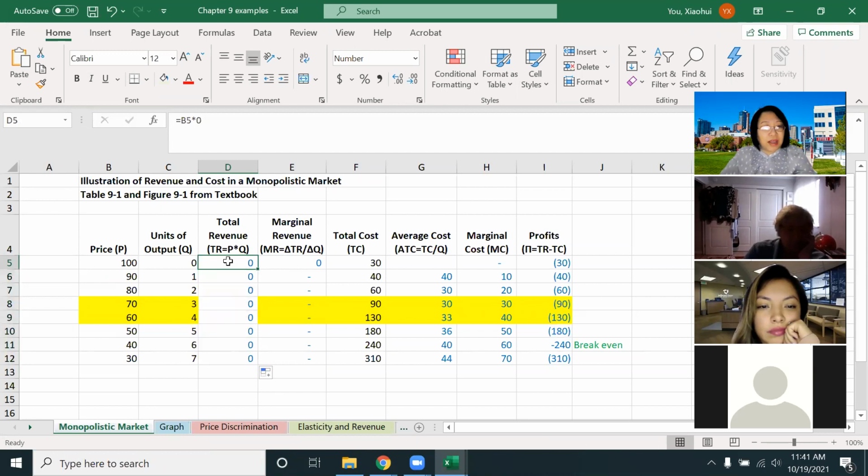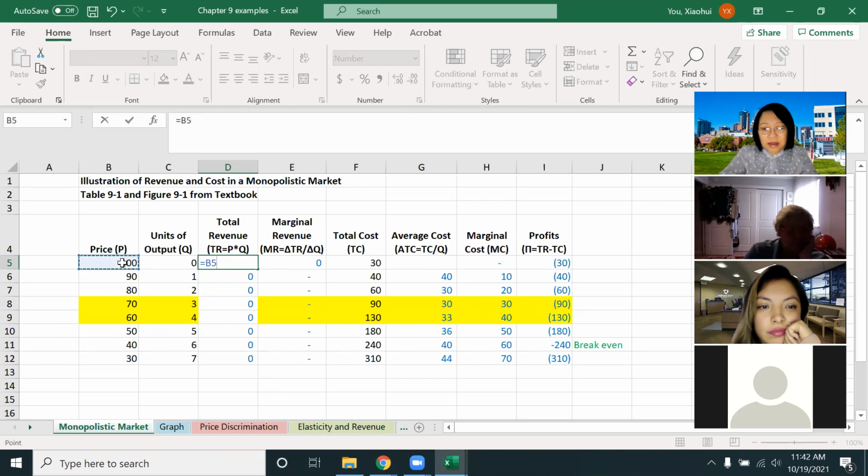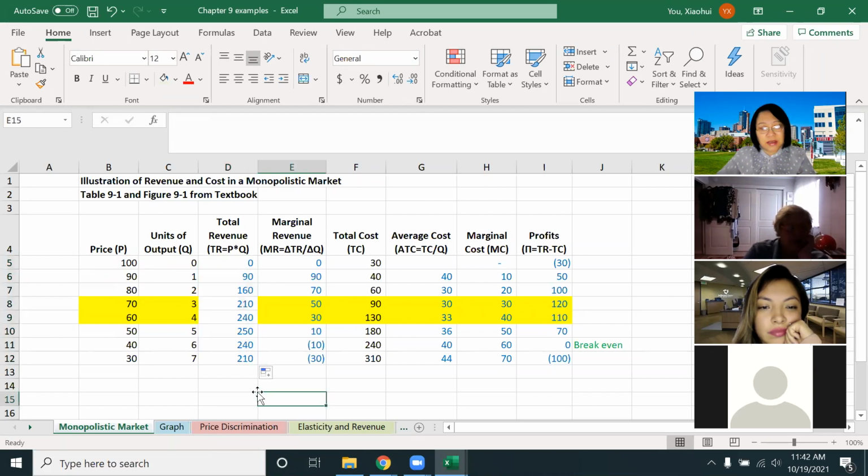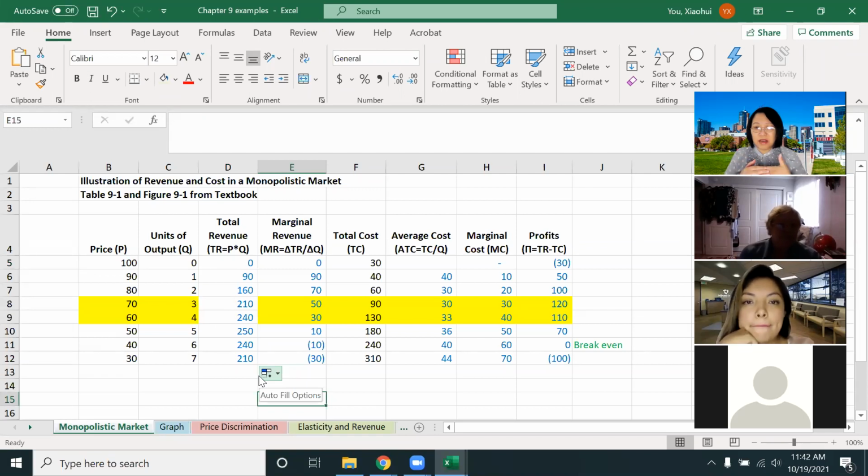So I did the calculation price times quantity, enter, and then choose the cell, move the cursor here and drag it. See, Excel calculates the value for you. This is the so-called Excel recalculation function.